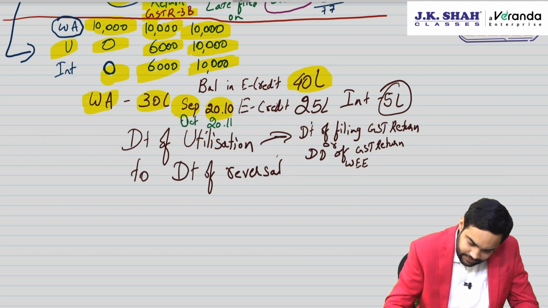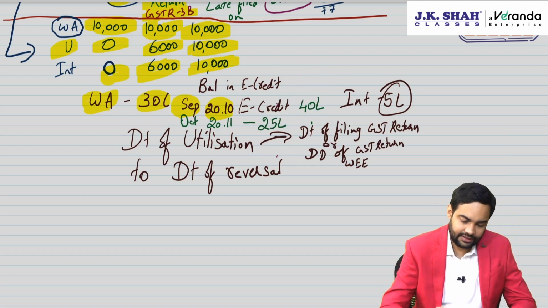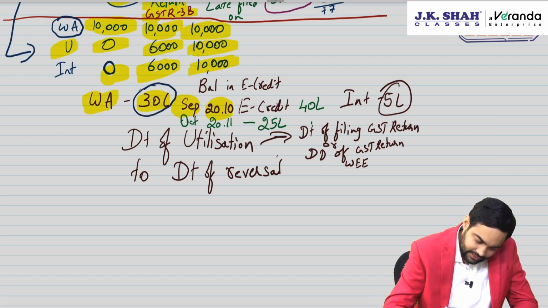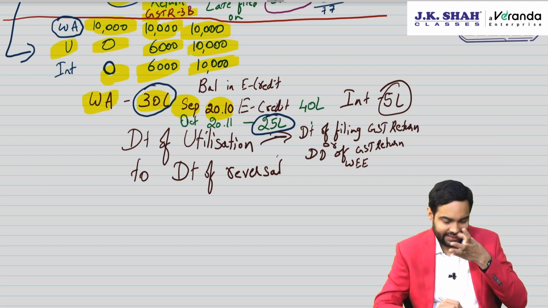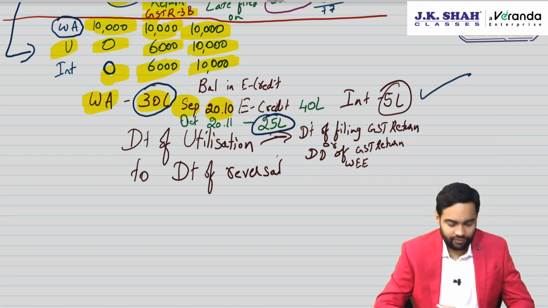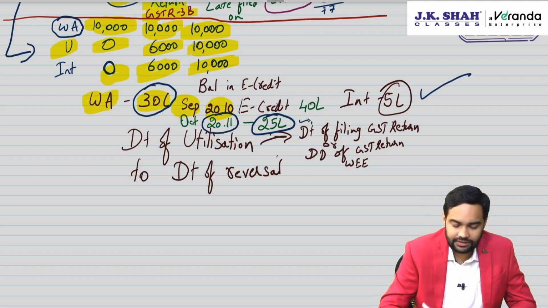Then the balance in the e-credit ledger on that date was 25 lakh. So has there been a reduction in balance in the e-credit ledger? Yes. Now wrongly availed was 30. Balance has come down to 25 lakh. Have I utilized 5 lakh? Yes. Interest will apply on this 5 lakh. From which date? From 20th November when I utilized this 5 lakh.